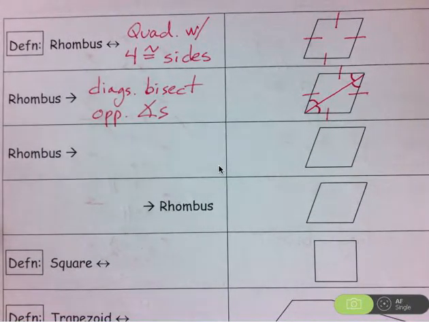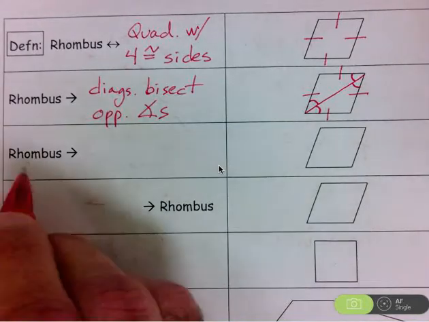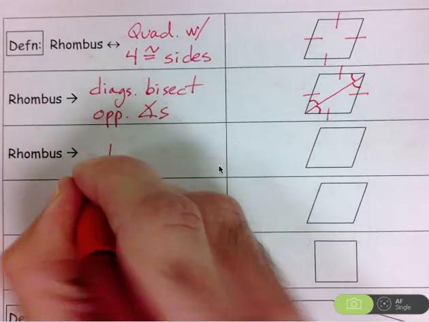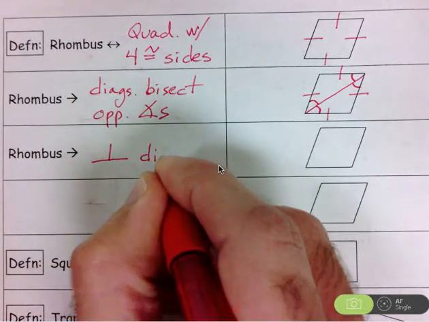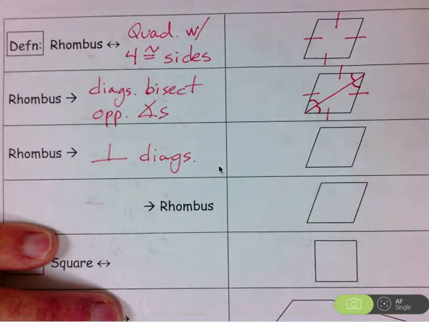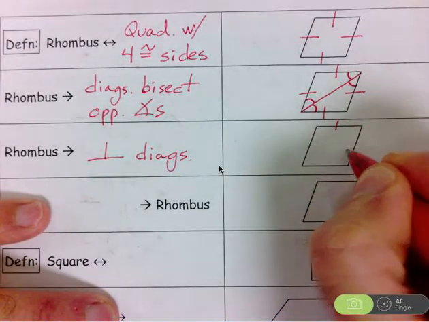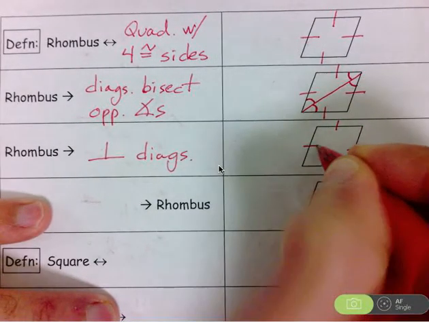The other rhombus property also involves the diagonals. The diagonals are actually perpendicular. So a rhombus gives you perpendicular diagonals, and I will write that as perpendicular symbol and then diags, perpendicular diags. So again, if we have a rhombus, I will mark all of the sides with one tick mark.